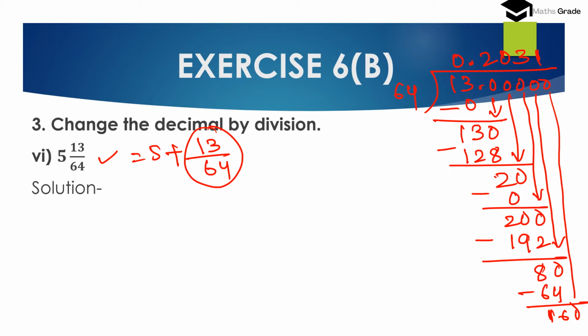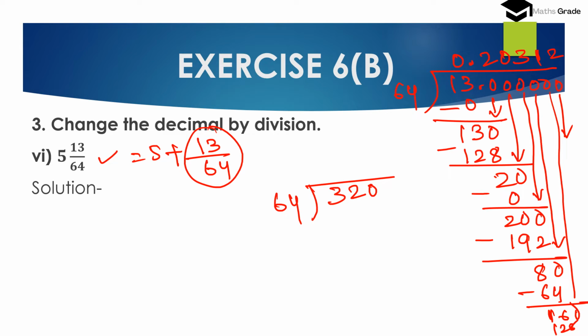64 2s are 128. If we multiply 64 with 3, it is more than 160, so we have to multiply 64 with 2. Now 64 multiplied with 2 is 128, and 160 minus 128 is 10 minus 2 is 8, and this 5 minus 2 is 3. Now write one more 0 here, and divide by 64.